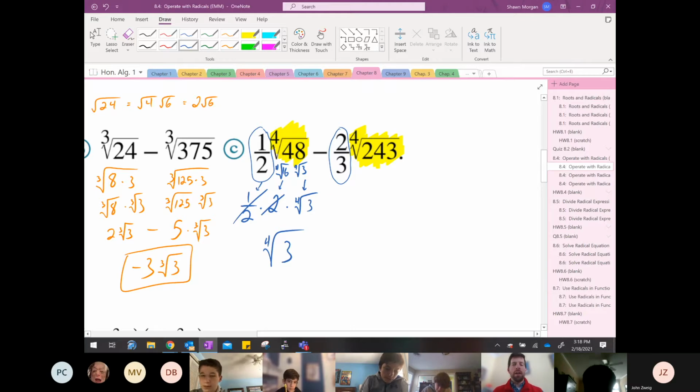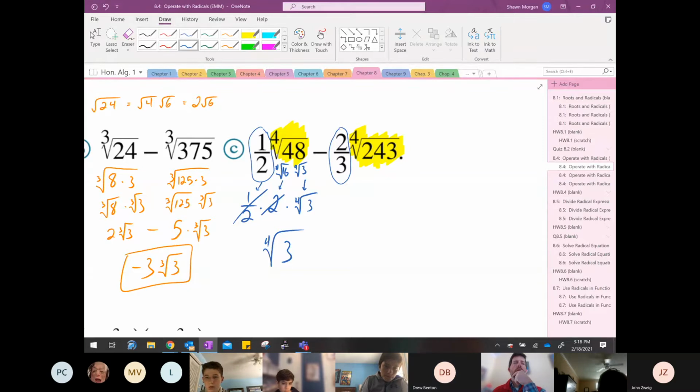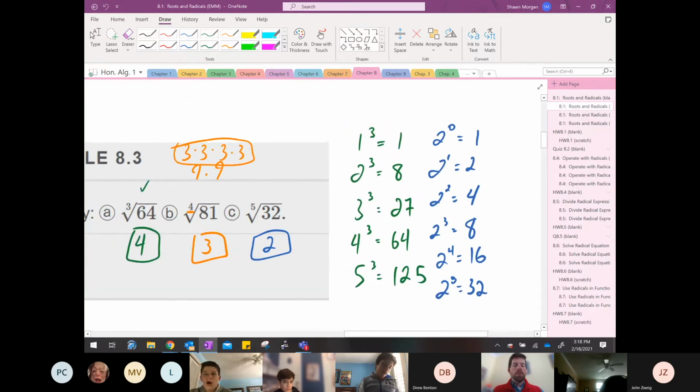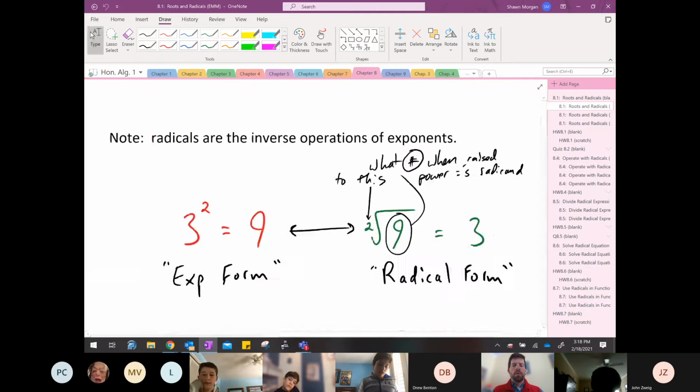So let's see here. Drew Benton, how about you on 243? Did you find any perfect fourths that go into that? I didn't get to that part. Okay. Some of you, especially if you're taking good notes, might remember we came across 243 in the lesson the day before yesterday.